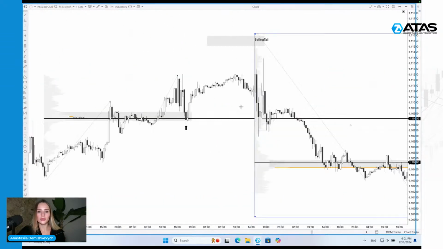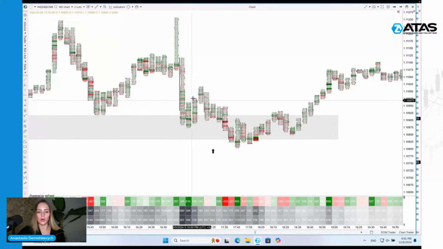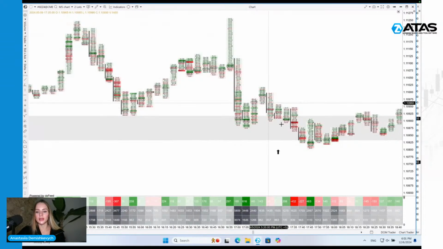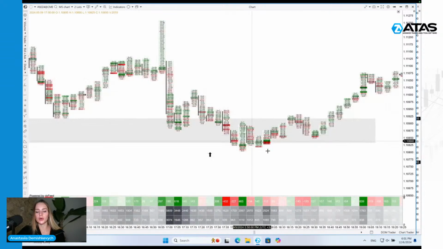We see first the very high amount of volume and trades, and it decreases as the price reverses from the zone. So the price was sent down with a very big amount of volume and trades, but the reversal happens calmly, without higher activity, without high volume, without a high amount of trades that could potentially break the zone.